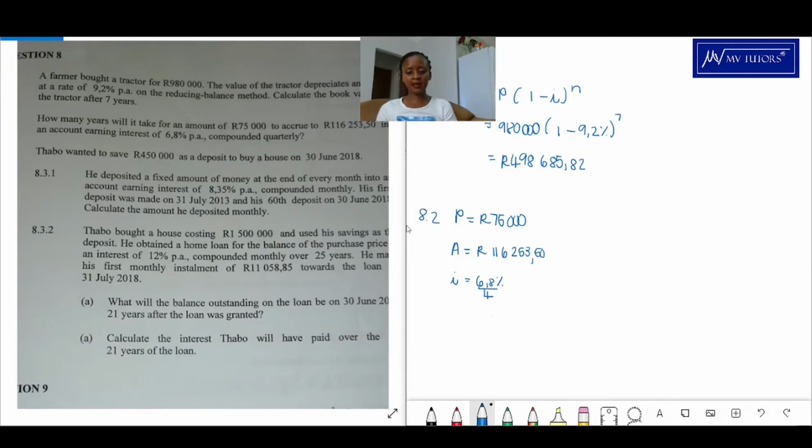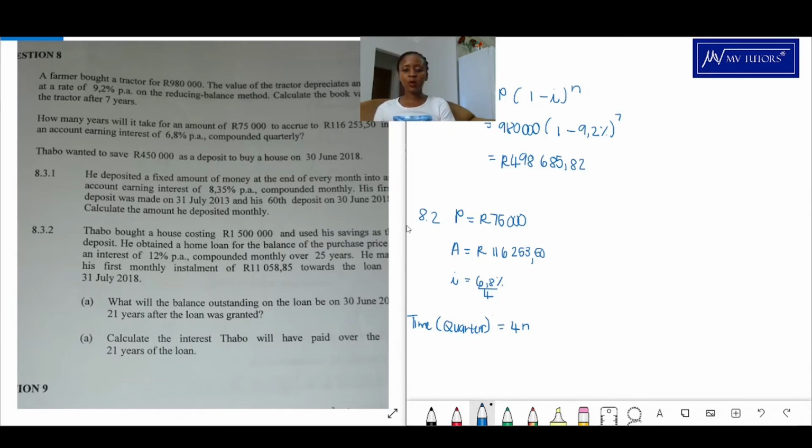So let me say the quarters, because it's compounded quarterly. Time in quarters will just be 4 times n, because n, they normally give it to you in years, but now we're going to have to calculate first in quarters, and then afterwards we're going to take it back to years because they want it in years.